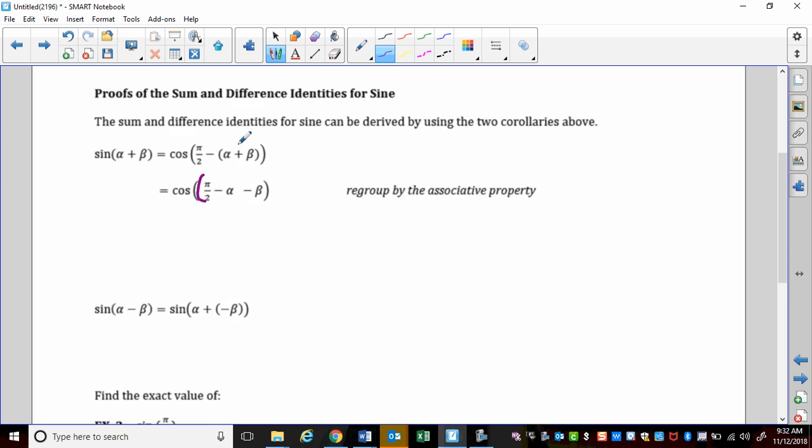This is just saying that we can regroup it just like this. And this is equal to cosine of, this whole thing can be our alpha. So it'll be pi over 2 minus alpha, and then cosine of beta, plus, since it's minus, I know I'm going to do plus, sine of alpha, which is pi over 2 minus alpha, times sine of beta.